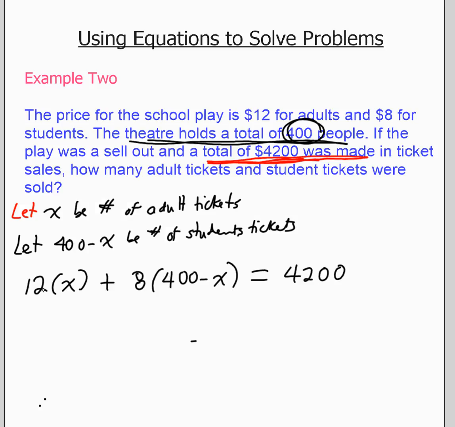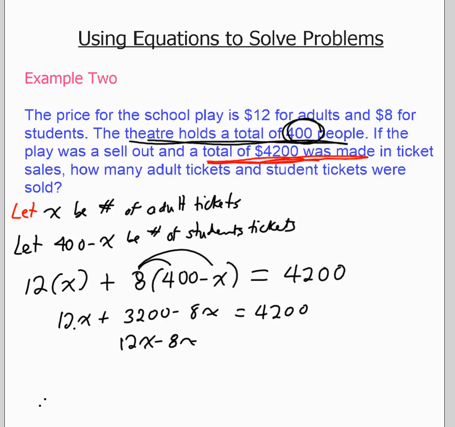To solve, you just use distribution. So 8 times 400, 8 times negative X. You collect like terms. You start to solve for X, and we get that 250 adult tickets were sold.